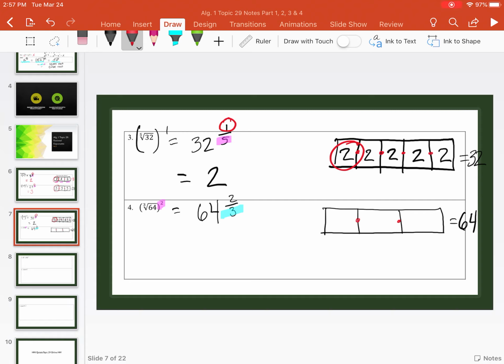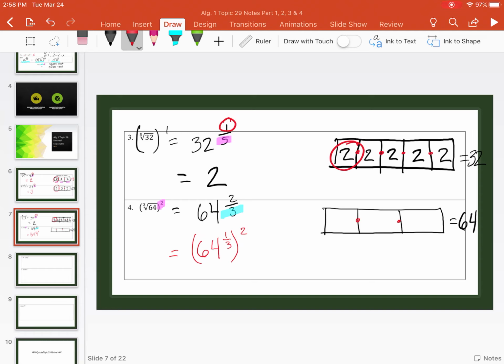So we can think about this as, well, what number times itself again gets us 64? We can also think about this as rewriting this as 64 to the 1/3 power and then squared.